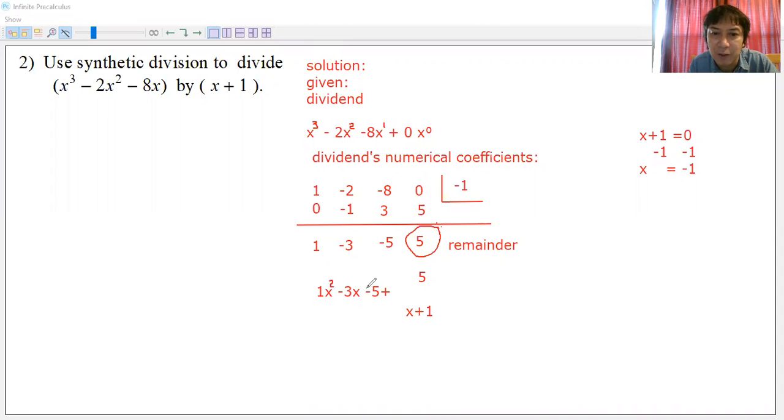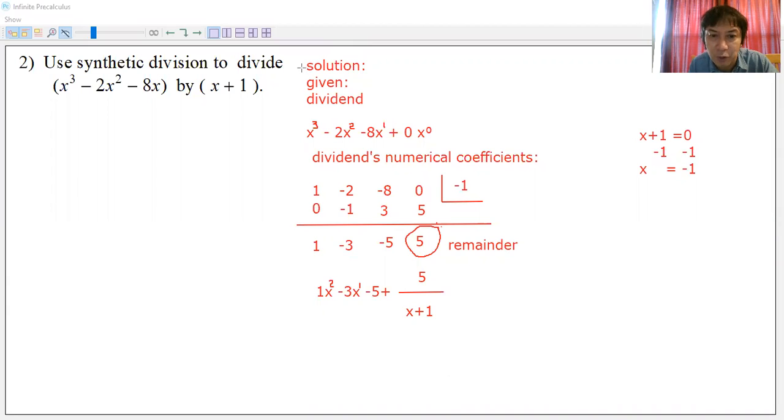This is first degree, and this is 0 degree, which is just a number, a constant. Remember, we don't write x to the 0. So this is a line over here, 5 over, it's a fraction, of course. And this is our answer.